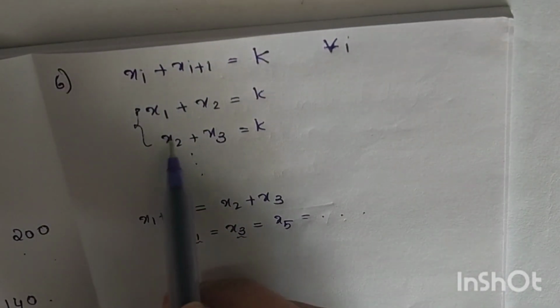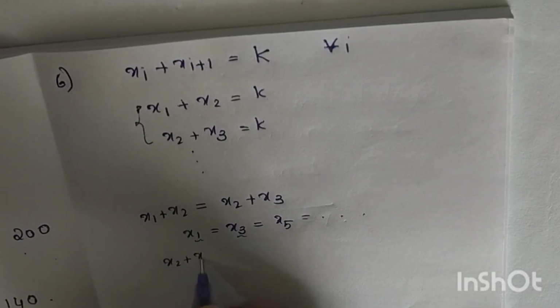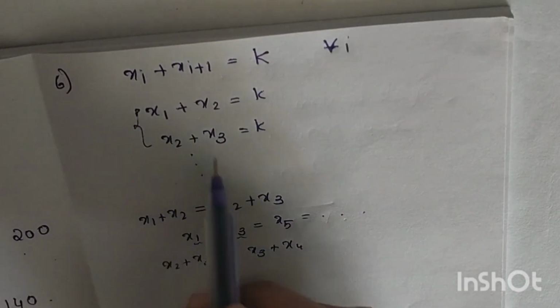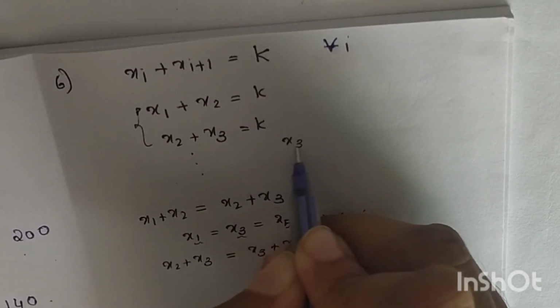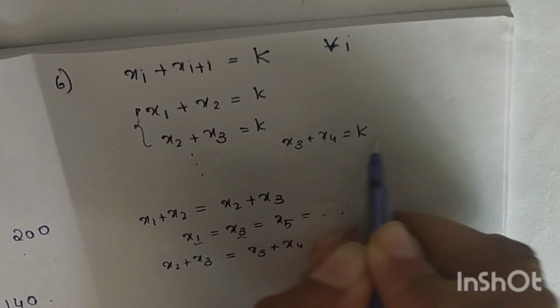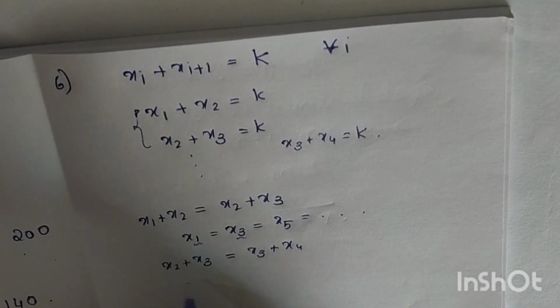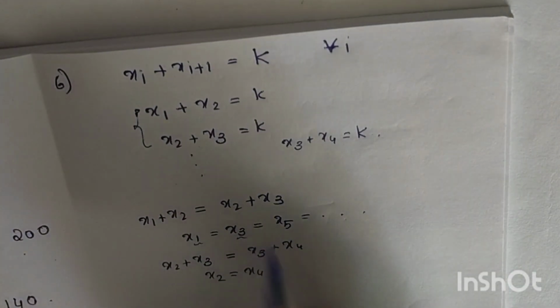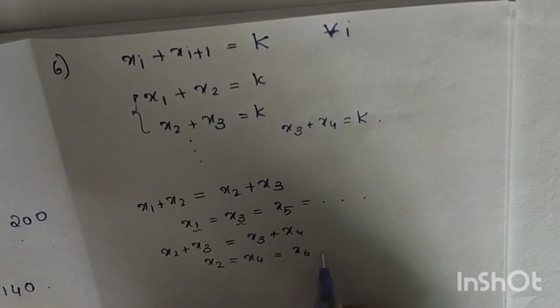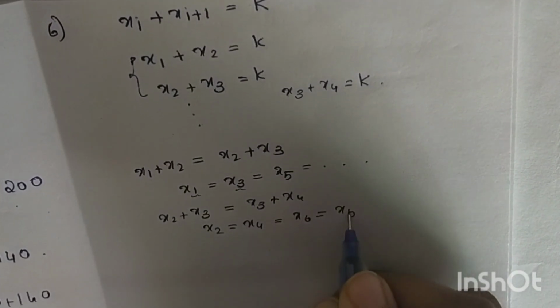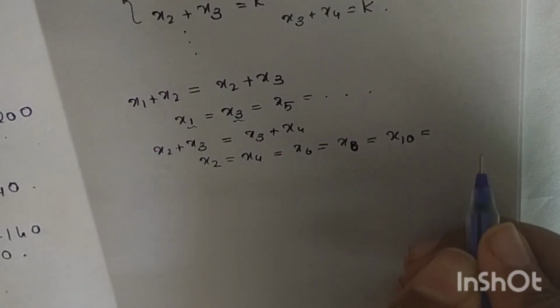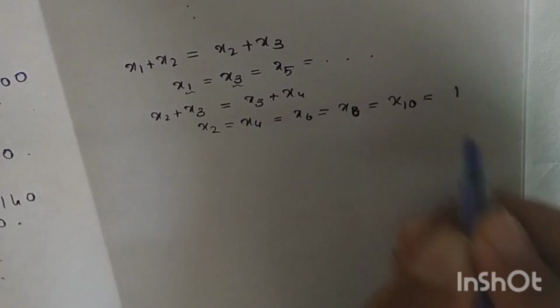In a similar manner, if we take x2 plus x3 equals x3 plus x4, as it is the next equation, x3 plus x4 equals k. If we take these two equations, we can say that x2 equals x4, and in a similar manner that is equal to x6, that is equal to x8, that is equal to x10, and it is given that x10 is equal to 1.